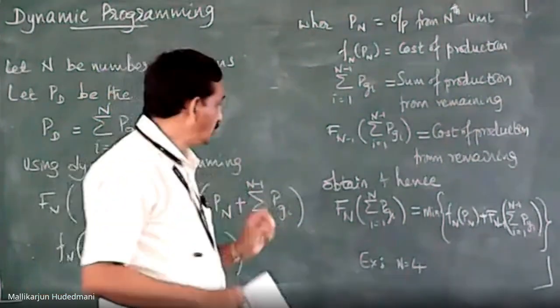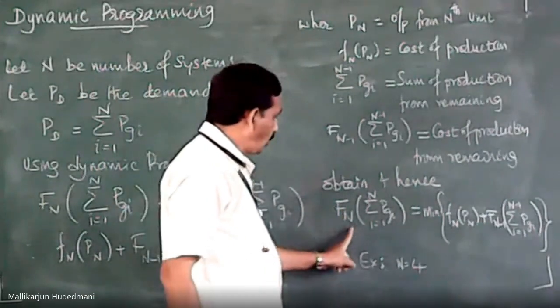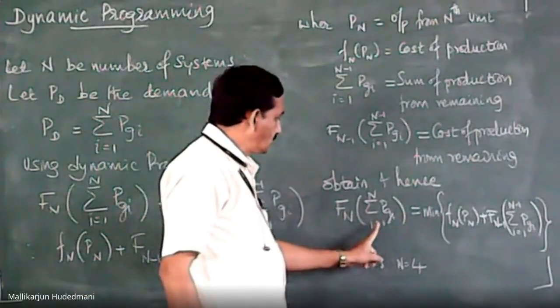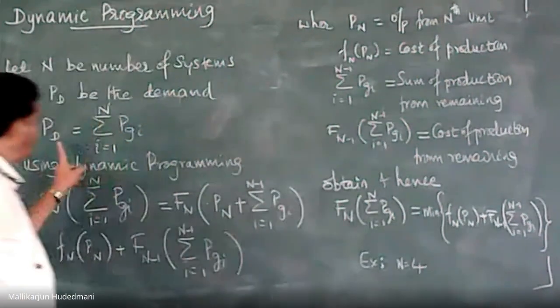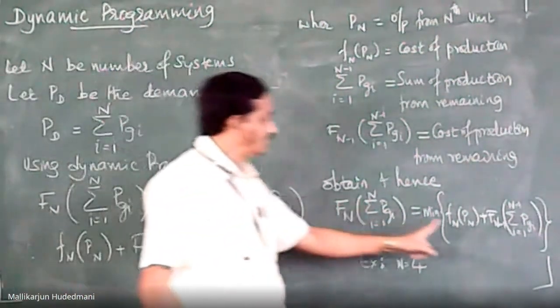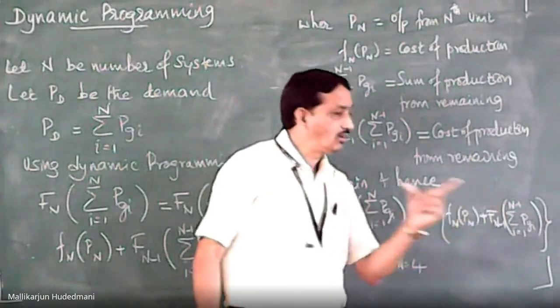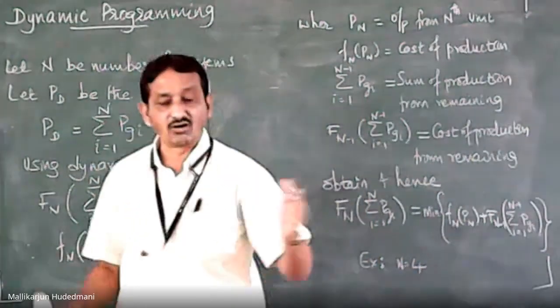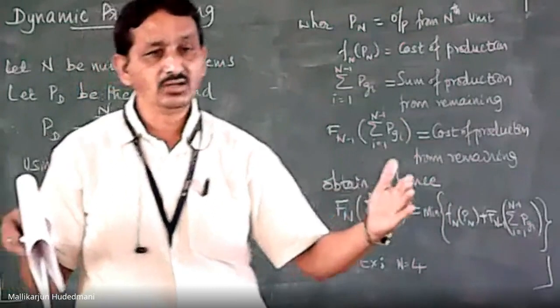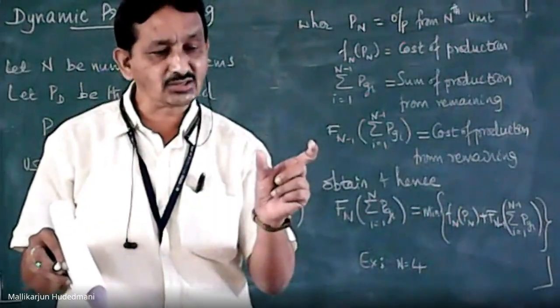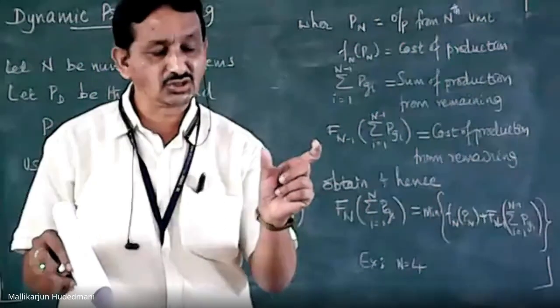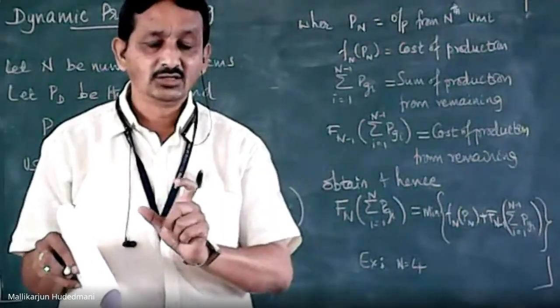In that perspective, what I am mentioning over here, total production cost of summation i 1 to n PGi for meeting the demand PD be taken such that the combination of generators of your string, such that 1 decision to be taken, bring out the best possible low cost machine which produces the megawatt as your decision.